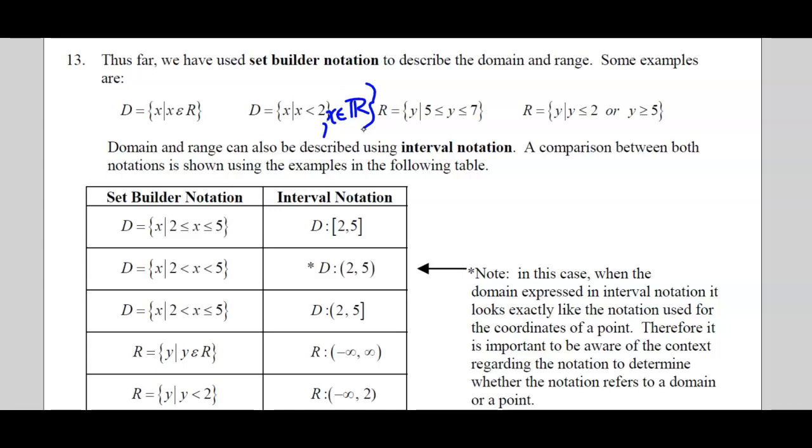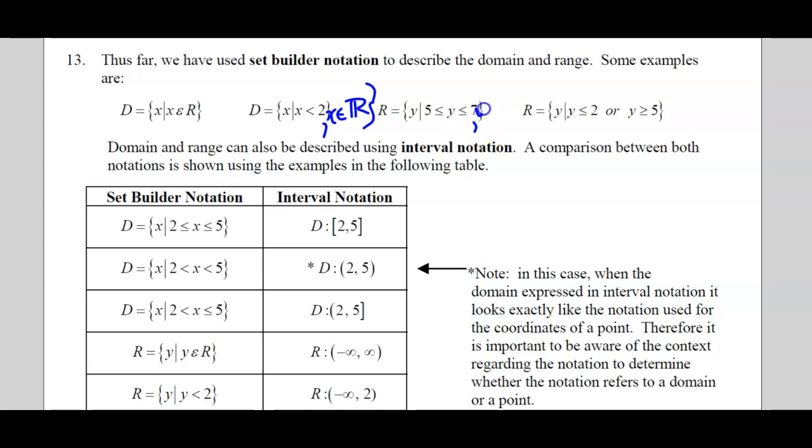So you would never write the domain or range out, and we got a little bit nicer, I guess you'd say, saying that you didn't have to put that. Now we have a written response in the diplomas and they require it. If you don't put x element of R at the end or y element of R, then they might take marks off. Okay, so you just want to make sure you have that.